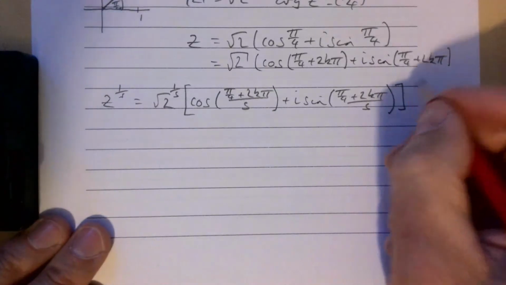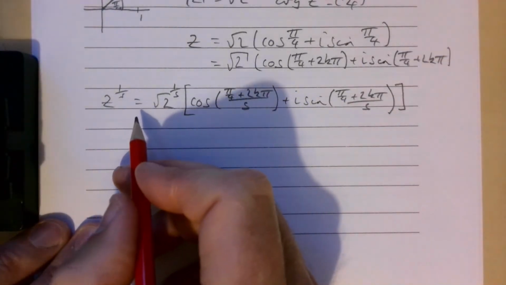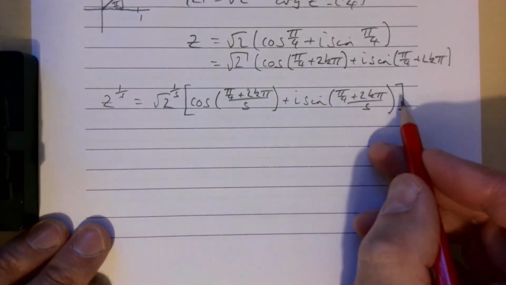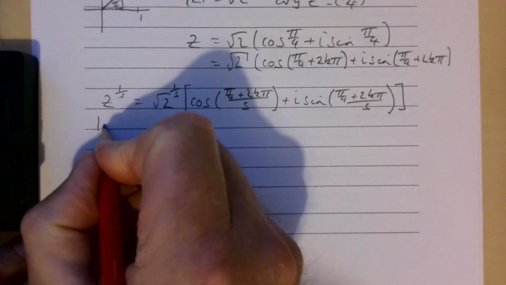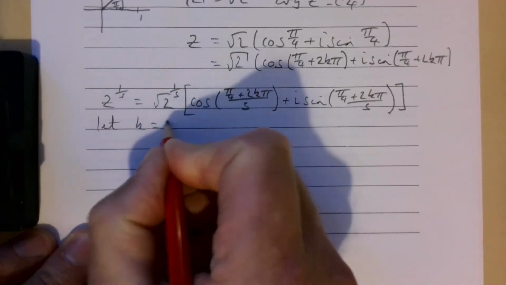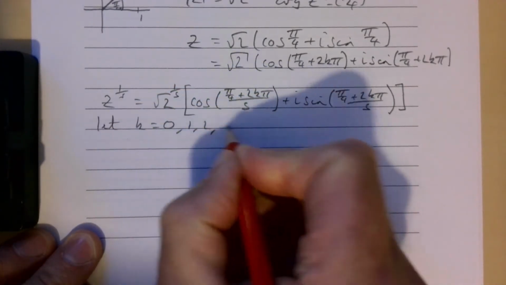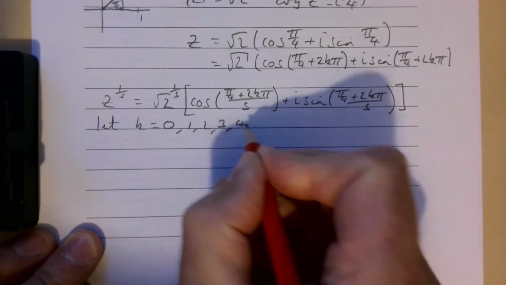If you're still with me, we're now going to let k equal 0, 1, 2, 3, and 4, and that'll generate our fifth roots of our original complex number.